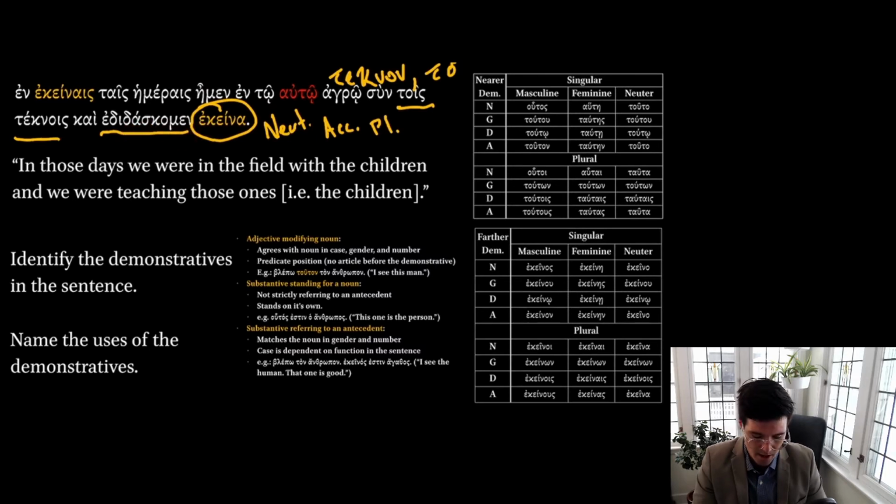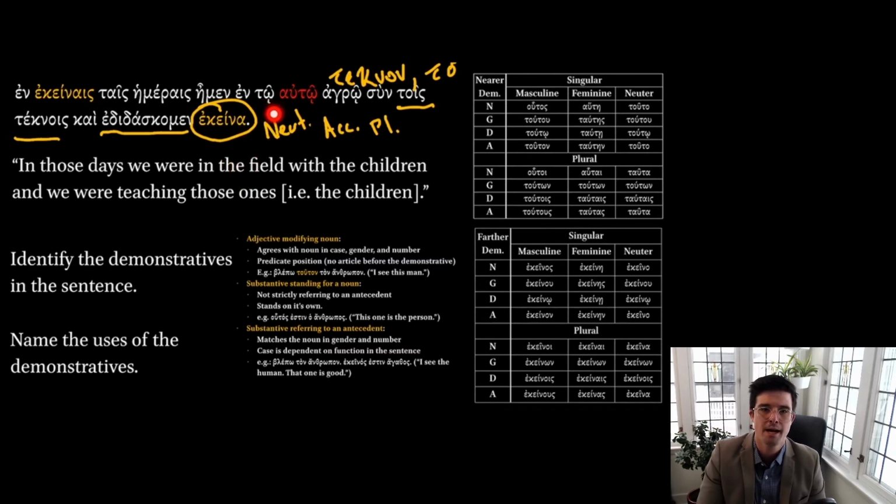So again, our demonstratives in the sentence are ekenais and ekena, and you may have been confused with this one slightly. This one is a pronoun, and notice here that this is a pronoun that means same, in the same field. And sorry, I actually did not put that into our translation here.